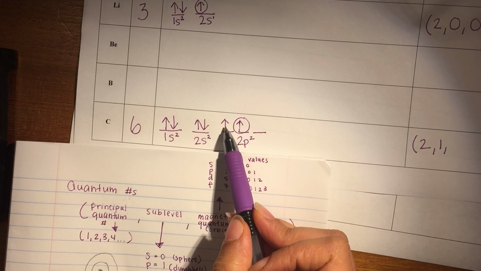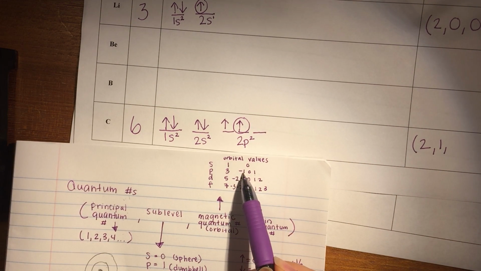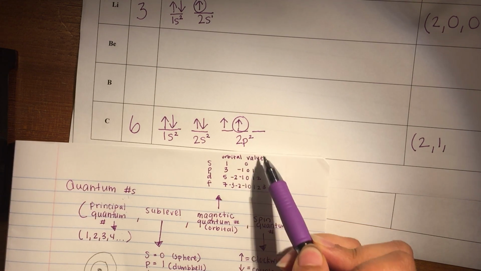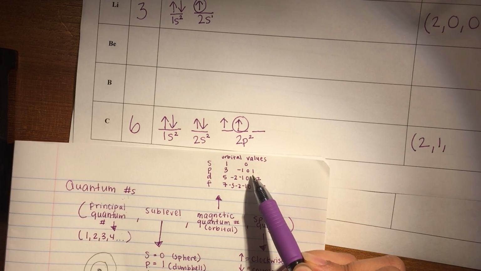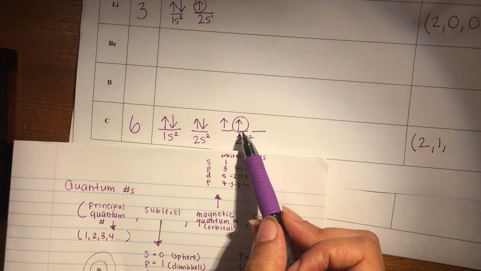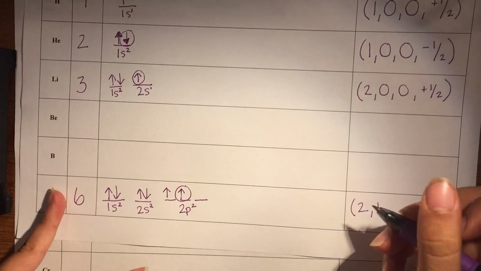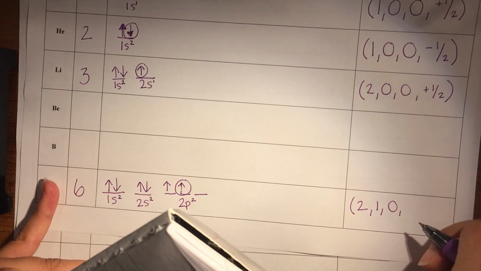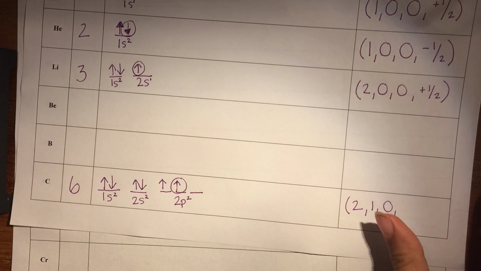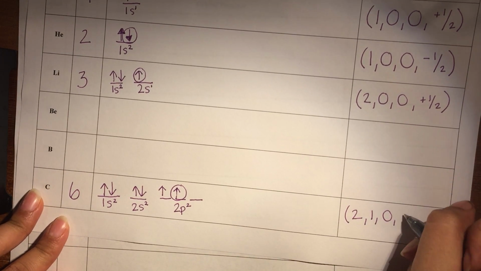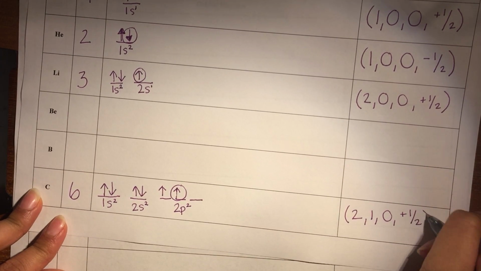If the arrow is here, that number is -1. If it's in the center, the value is 0. If it's here, the value is 1. Since it's in the center, the value we give is 0. And then the last number is based upon the spin. It's spinning upward, so that's a +1/2.